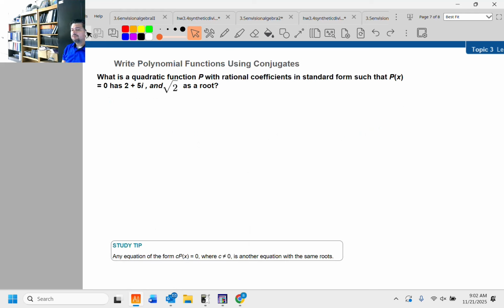All right, what is a quadratic function p with rational coefficients in standard form such that p of x equal to 0, which means they have set the thing equal to 0, has 2 plus 5i and square root of 2 as a root.